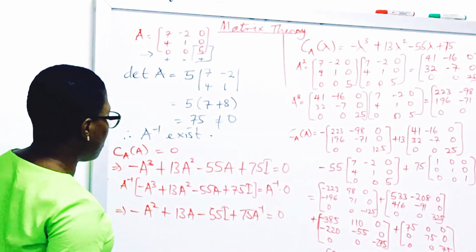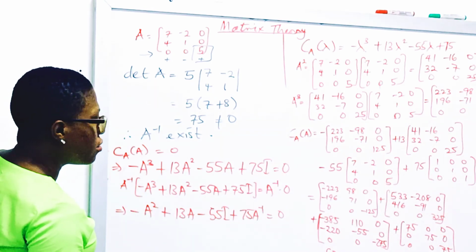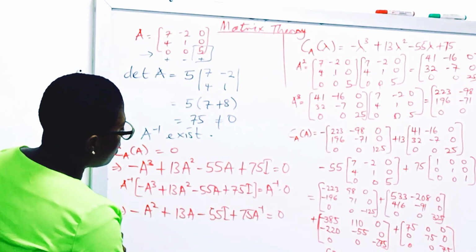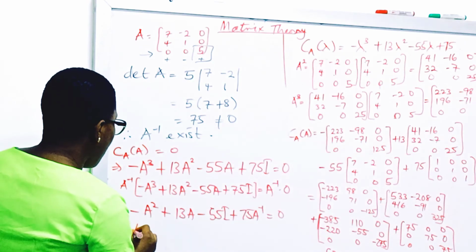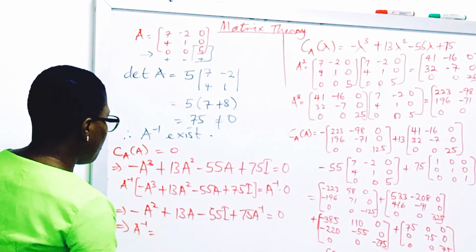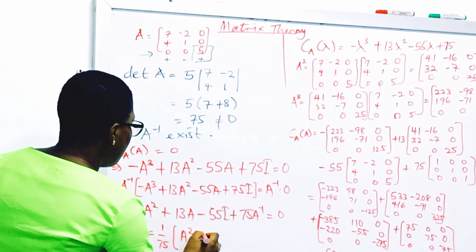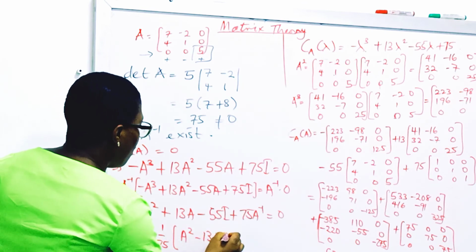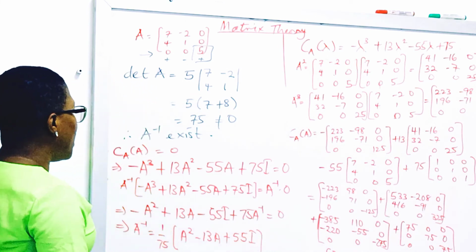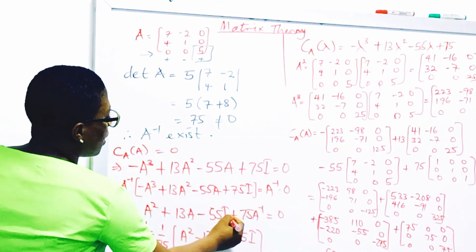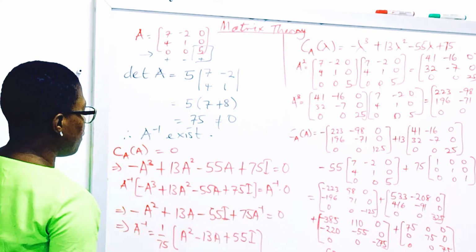So, once we make A inverse the subject of formula, we have A inverse is equal to 1 over 75 times A squared minus 13A plus 55I. So what did I do? I took all these other ones to the other side, so the sign changed, and then I divided by 75 to get A inverse.